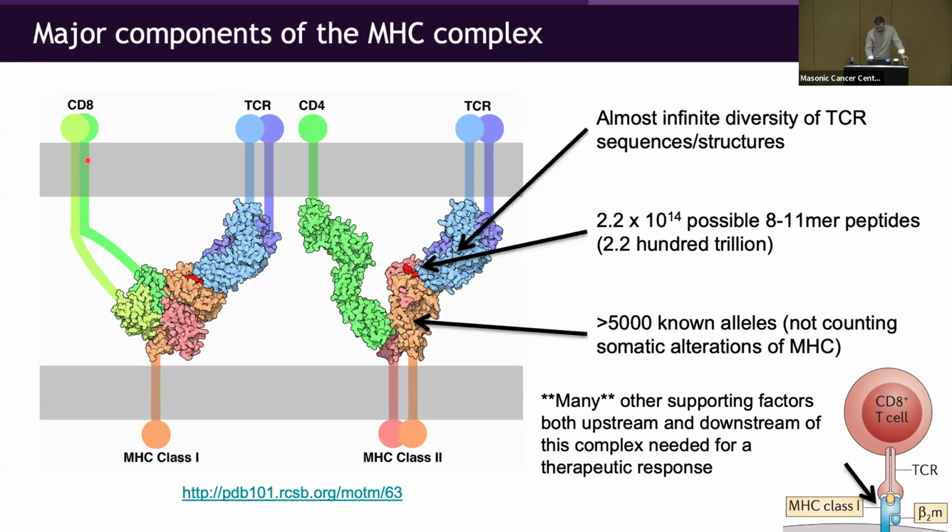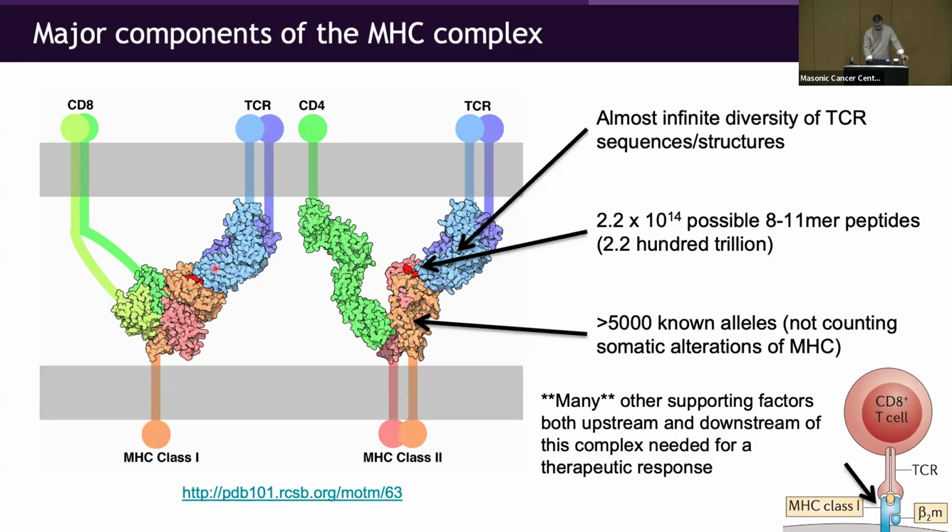For CD8 T cells, the T cell receptor, along with the CD8 complex, forms this whole complex of recognition. And the business end of the T cell receptor is created by this really amazing genomic recombination mechanism that scrambles up the sequence of the recognition part of the T cell receptor to give an almost infinite diversity of T cell receptor sequences at that end that's going to try to recognize the peptide MHC molecule.